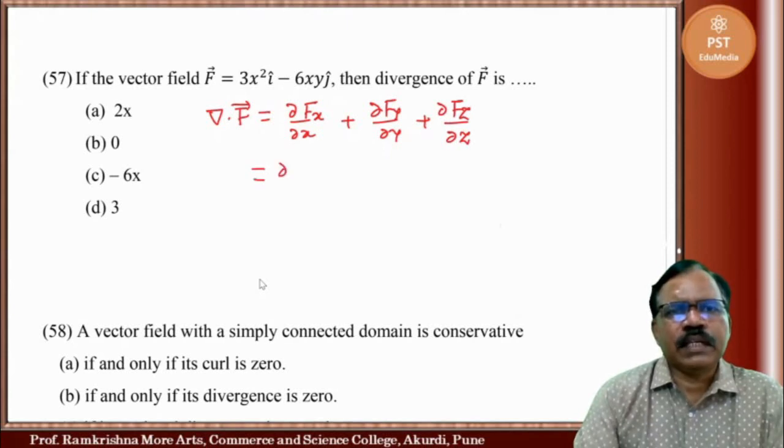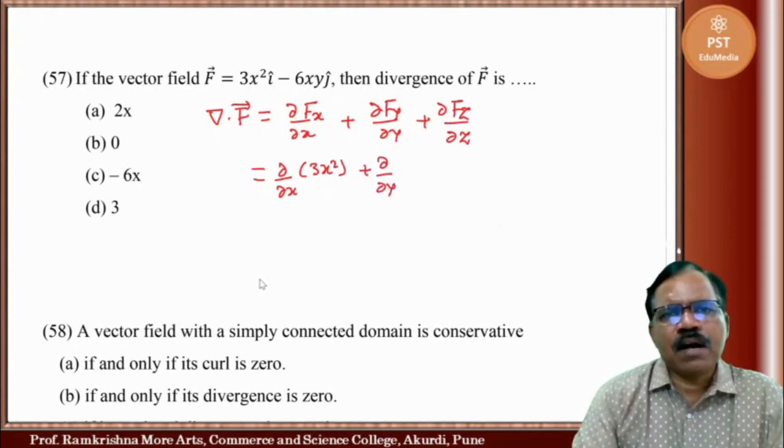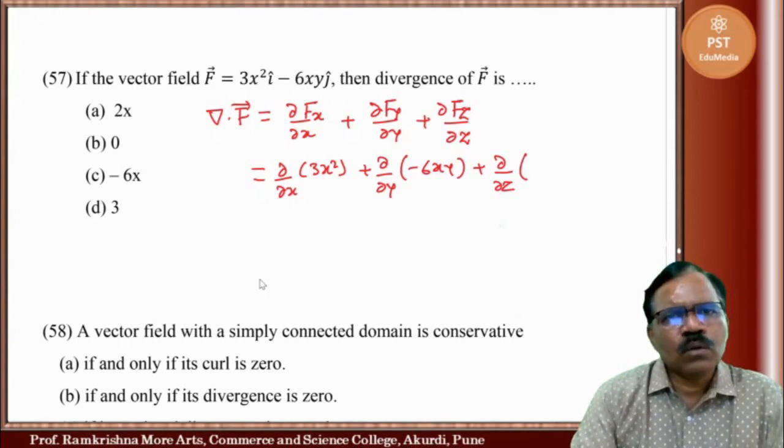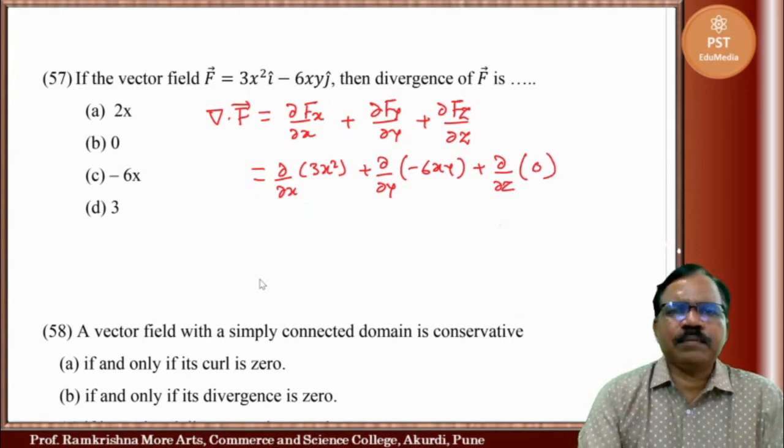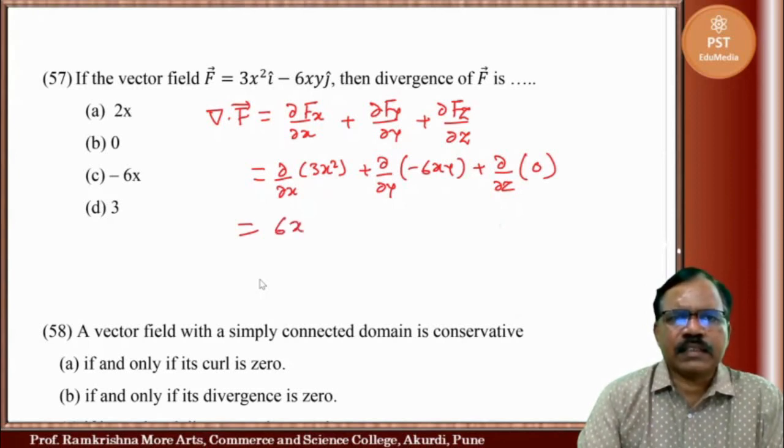Now if we see here del by del x of fx is 3x square, plus del by del y of fy, that is minus 6xy, plus del by del z of fz, there is no fz. So we get here derivative of 3x square, that is 6x, minus 6x, it is equal to 0. So it is 0.